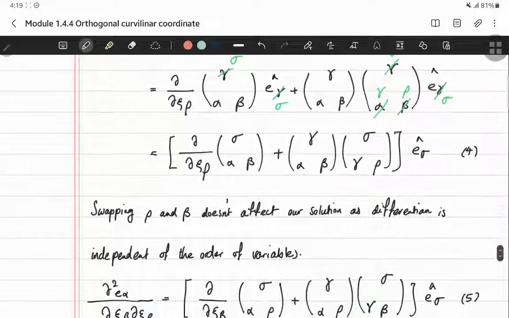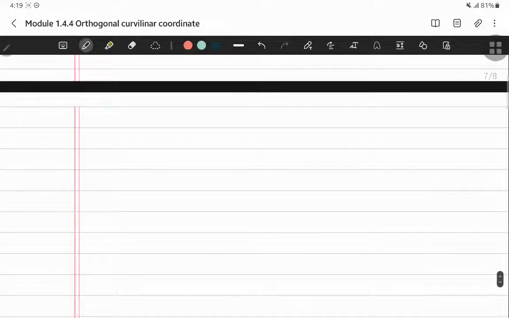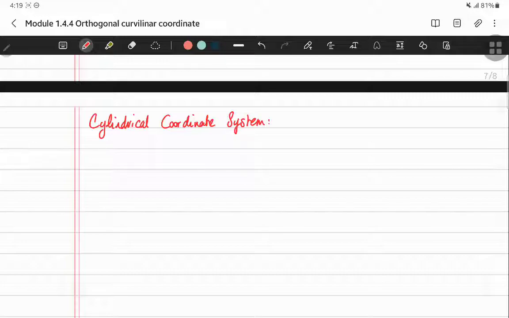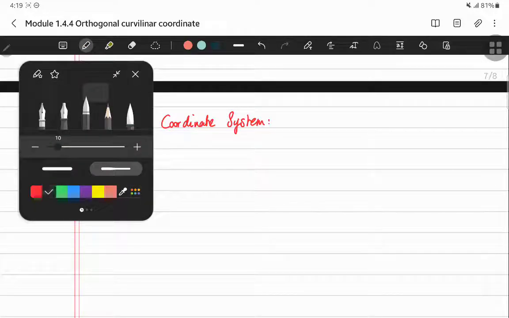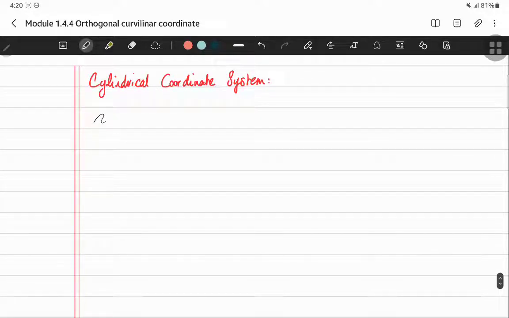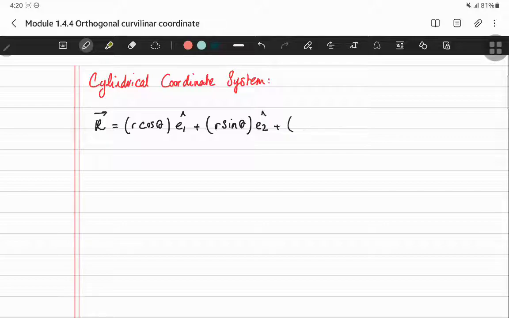So now let's go to the cylindrical coordinate system to find what the h's are here. In the cylindrical coordinate system, if you recall from undergraduate maths, you had r as r cosine theta e1 plus r sine theta e2 plus z e3.